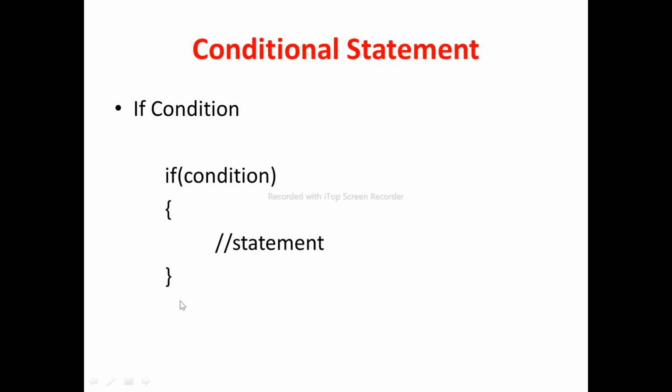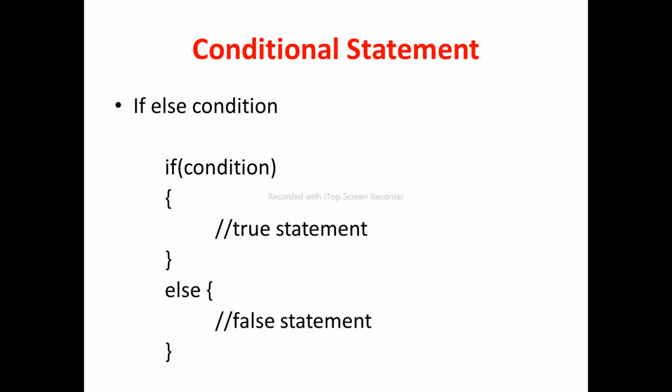Next topic is conditional statements. Conditional statements are used to change the control flow of the application. First conditional statement is the if condition. If, in brackets, condition, and here we can write the statement. Second one is the if else condition.